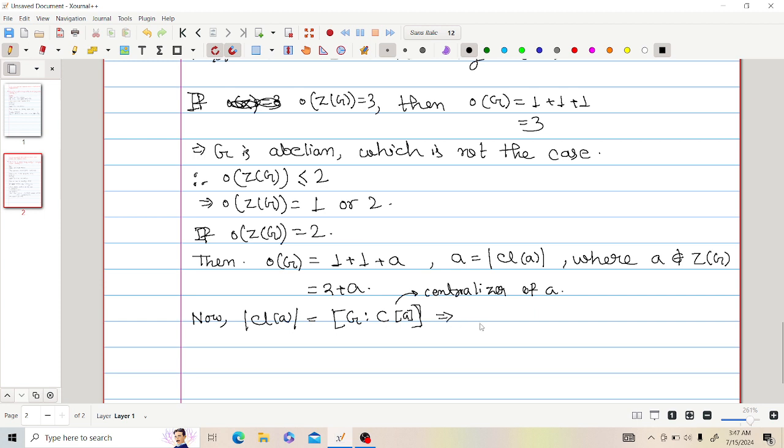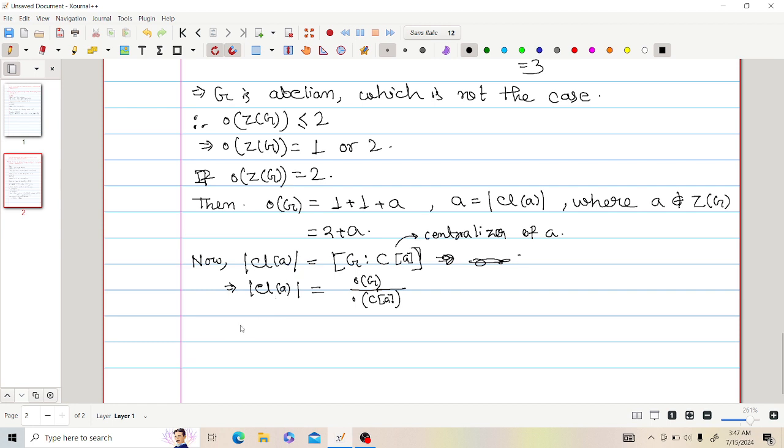Since this is a finite group, the order of the class of a equals the order of G divided by the order of C(a), and C(a) is a subgroup.